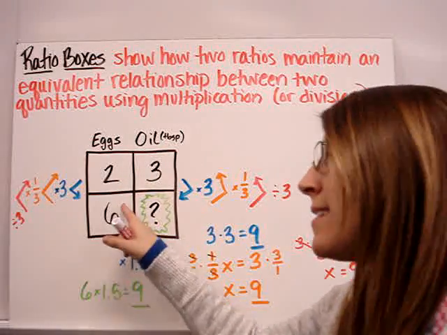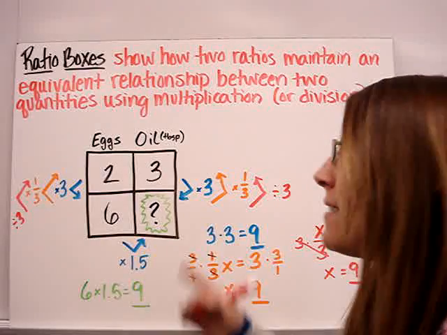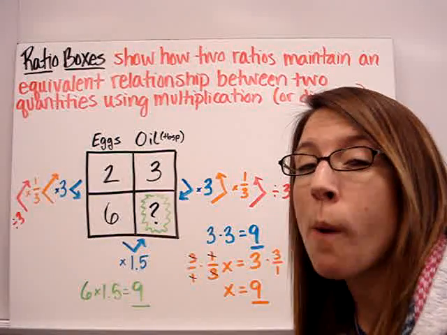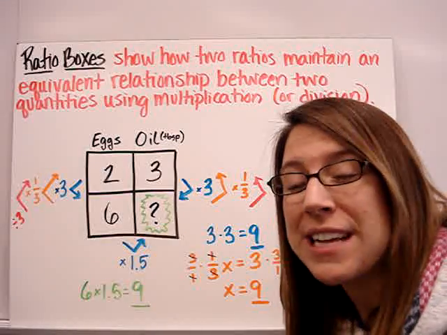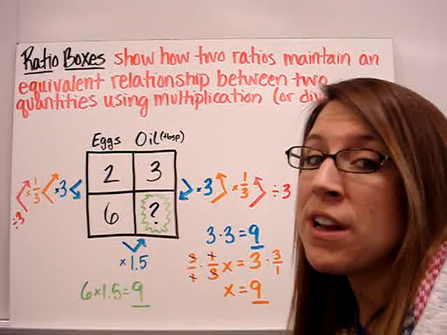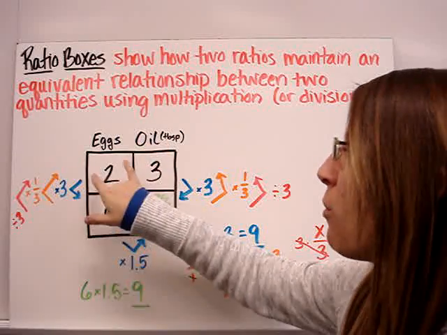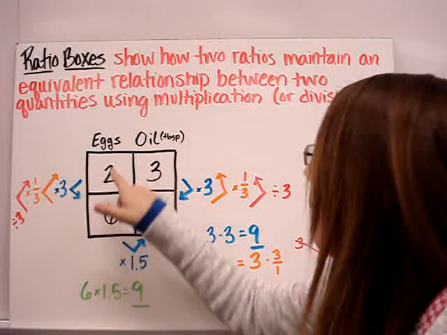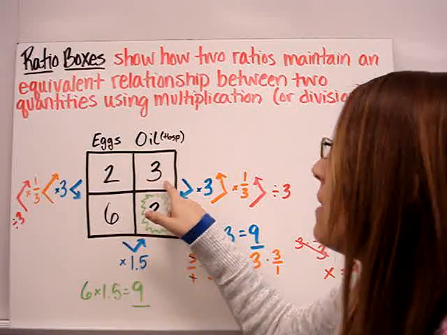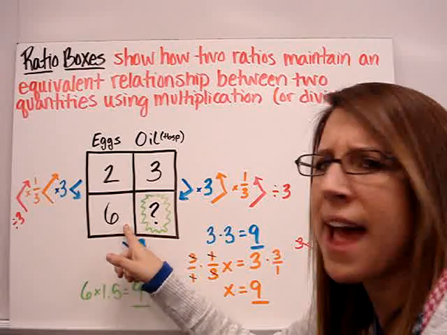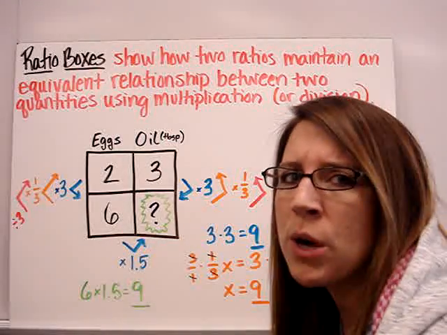So what if I had 6 eggs? How many tablespoons of oil would I need? Well, the ratio boxes are so cool because we can see a lot of different relationships just by what we're given and what we know. Notice that these are labeled and we can fit right in what we already know. We know that with 2 eggs we need 3 tablespoons of oil, so what if I have 6 eggs? How many tablespoons of oil would that be?